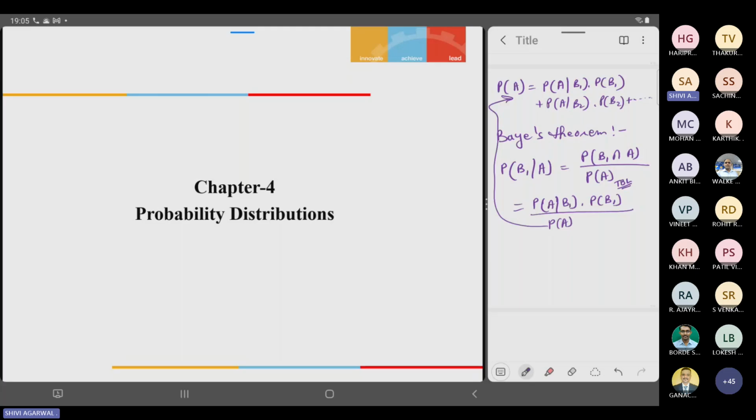Got it? The second thing is, for a particular type of experiment and a particular type of random variable, if they satisfy specific properties, then we can say it follows a particular distribution, and there is no need to calculate the formulas. Already calculated formulas are available, and we can just apply them.